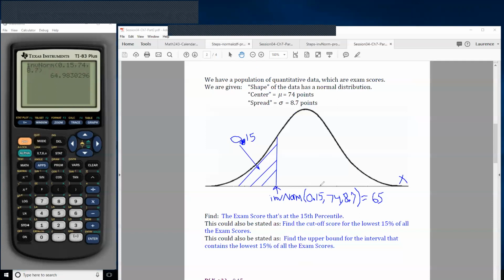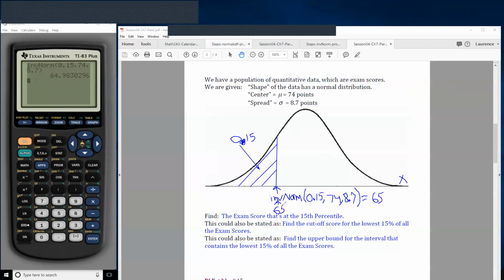So what I'm going to do is, I want to put this in. I don't want to stop right here, because this is where we're going to reinforce what inverse norm does, what normal CDF does. Because if we don't, we're not going to really master this material when we finish the homework. So this point on the number line right there is the 65.